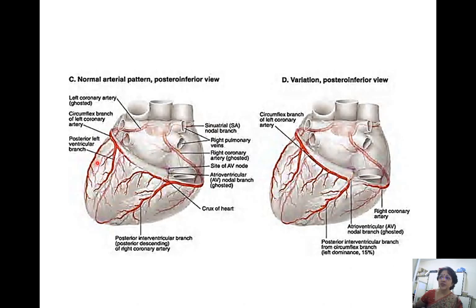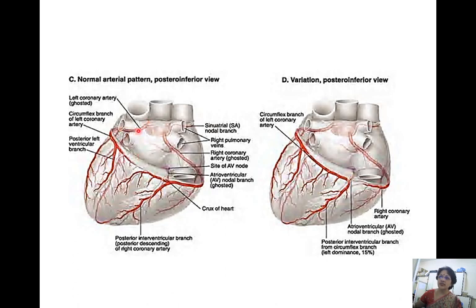This is the posterior and inferior view. Now left is left and right is right. So this is the left circumflex, in the sulcus. Here it has given its left marginal, and in the interventricular groove it will give a posterior branch coming down. Right? It's normal.